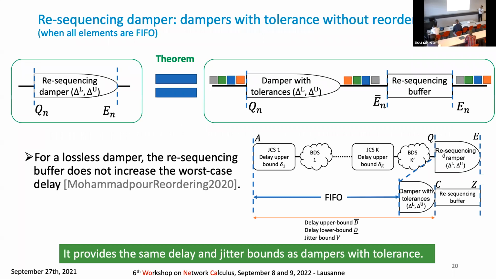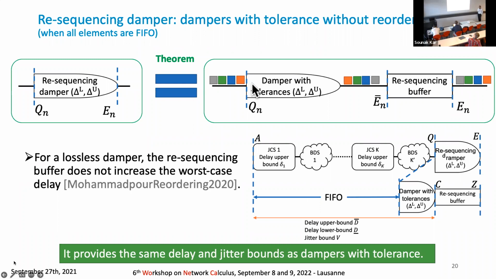We have seen that the result is a bit different when elements in a network are FIFO or not FIFO. First we focus on the case where all elements are FIFO, so the rest of the network is FIFO. Focusing on the resequencing dampers, we have shown that a resequencing damper is actually a damper with tolerance followed by a resequencing buffer that corrects the order of the packets with respect to the entrance of the damper.